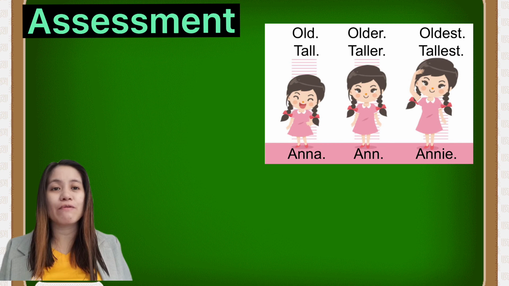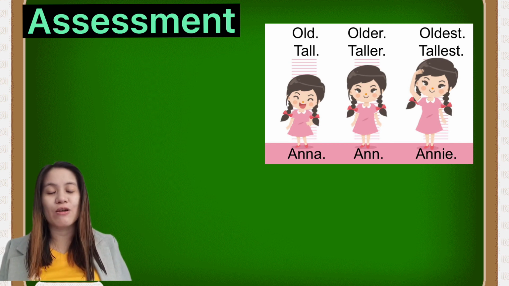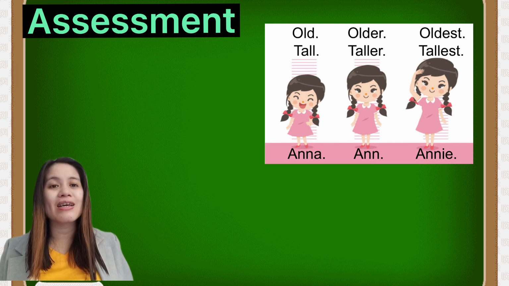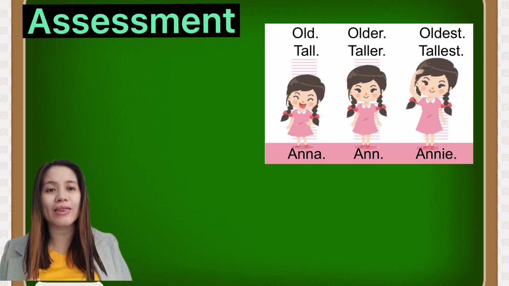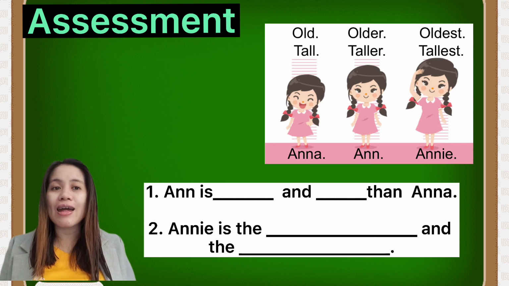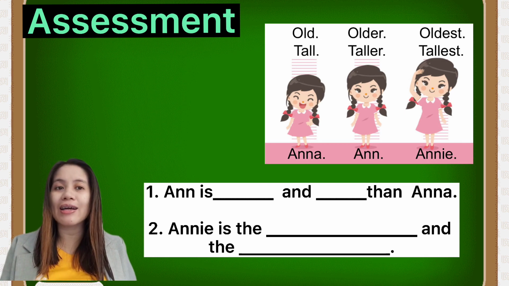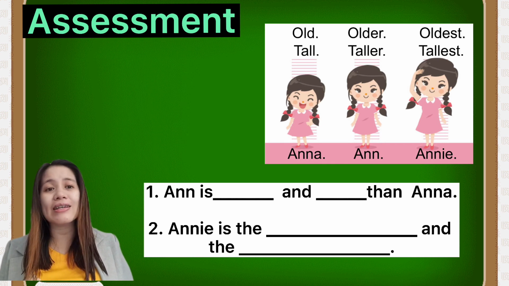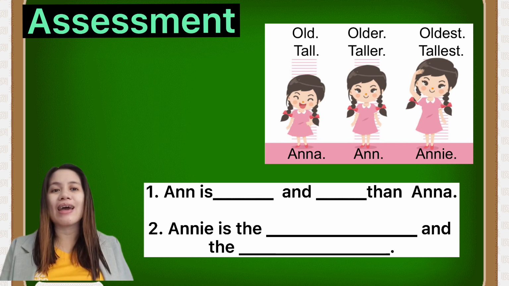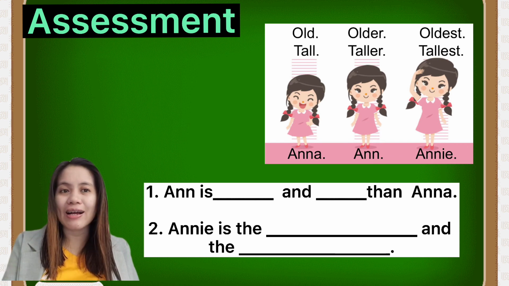Okay, so we have two words and their comparative and superlative. So you are going to complete the sentences below. Okay, so we have number 1. Anne is blank and blank than Anna.